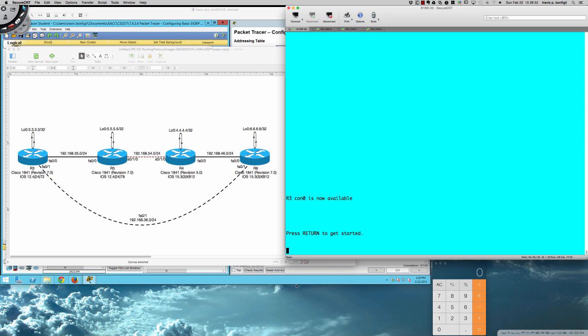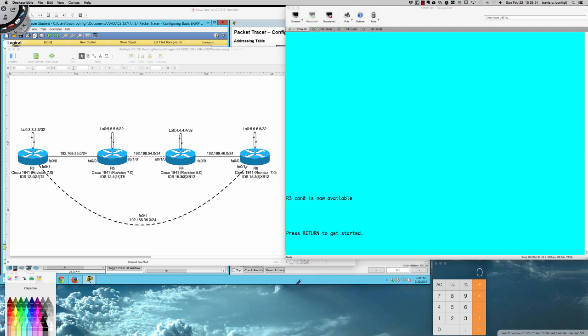So if you take a look here on the left-hand side of my screen, this is going to be the reference architecture for our conversation. As you can see, we have 4 routers connected together. It's important to note that right here, that is a serial link, right? So the speed of this link is only 1.544 megabits per second, and this is just the representation that the FA01 interface here is connected to the FA01 interface on this side, and that is the subnet that those links are using.